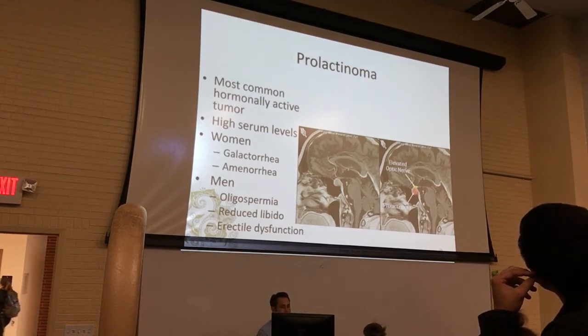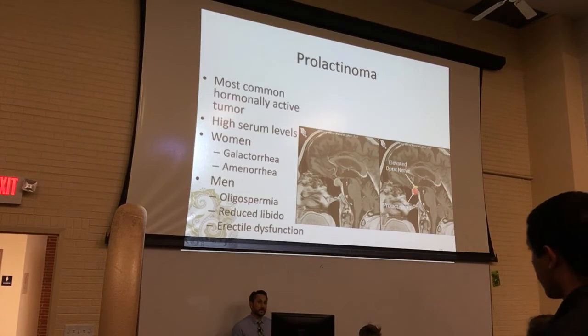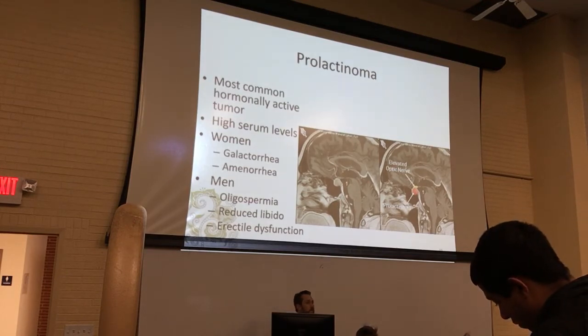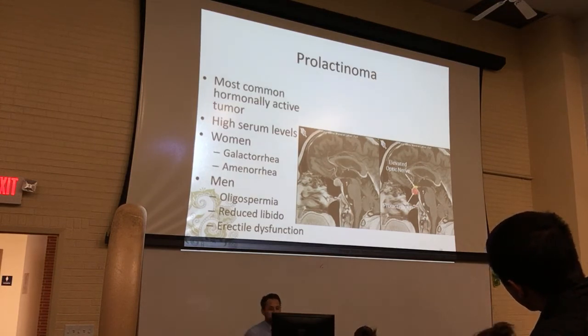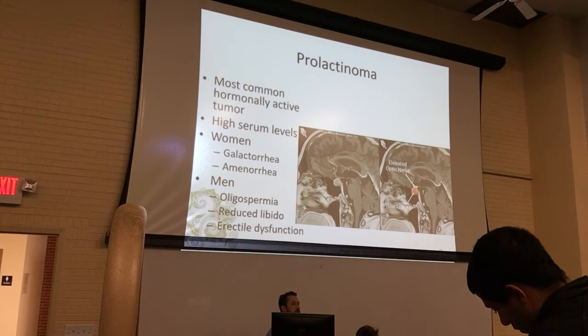Now in men, it's even more awkward, because there's typically not much prolactin being made at all in men. So you'll have oligospermia, which is low concentration of sperm in the semen, reduced sexual drive or libido, and erectile dysfunction.